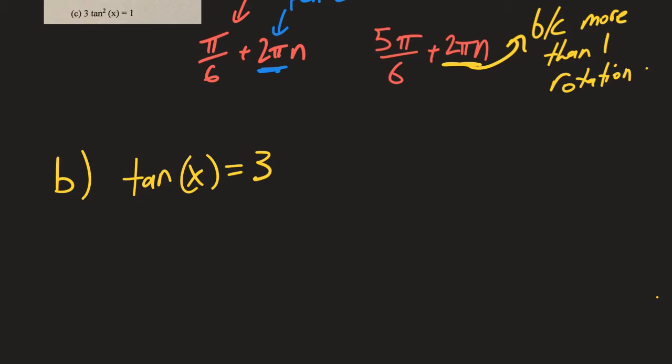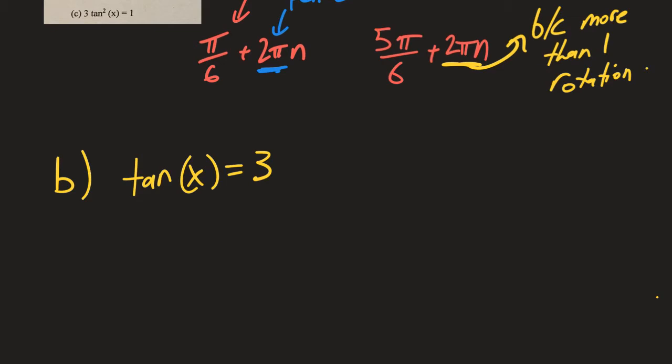So how am I going to solve this? How can I figure this out? Well, sadly, we're stuck relying on a calculator for something like this when we don't have a real angle, or at least not one from the unit circle. We have no reference point, so we're just going to have to rely on a calculator.